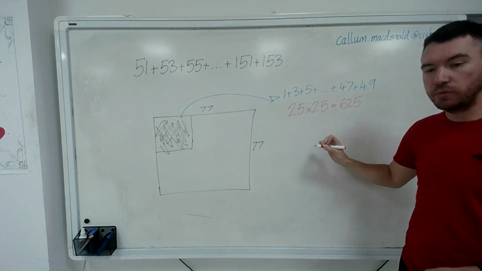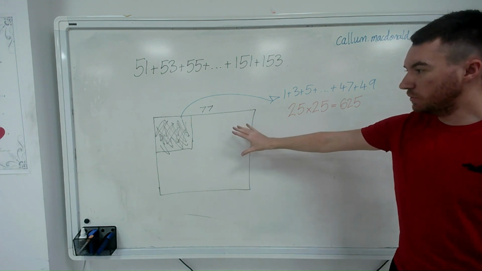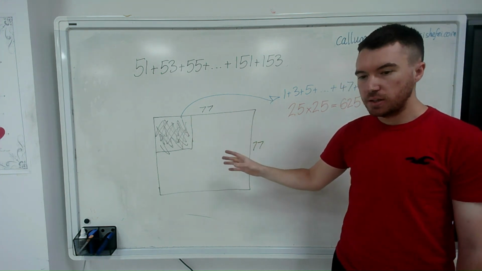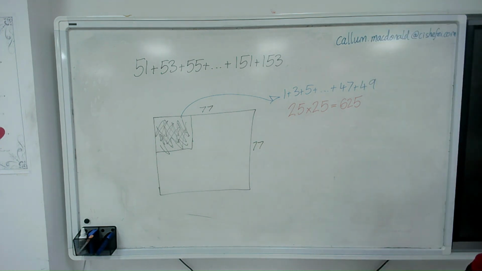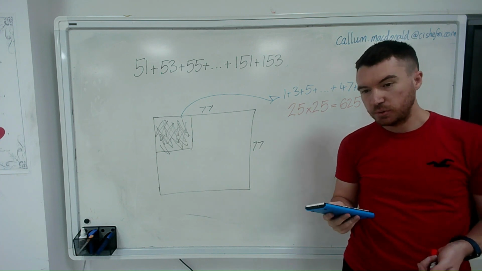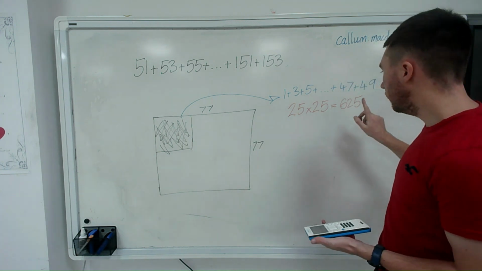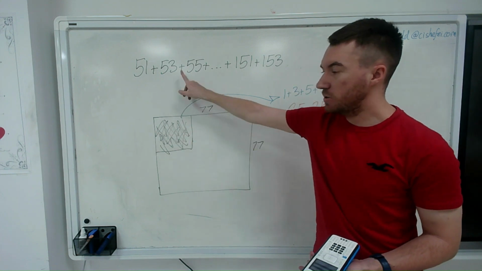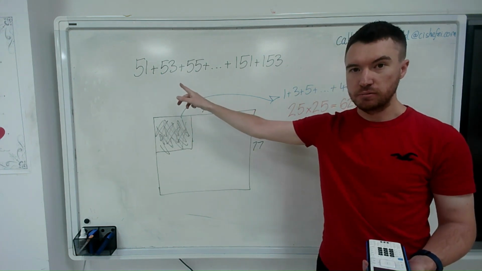Which is 625. From our answer before, this whole big square, 77 times 77, which was 5,929. If we take away this, then we get this part, which represents our question.